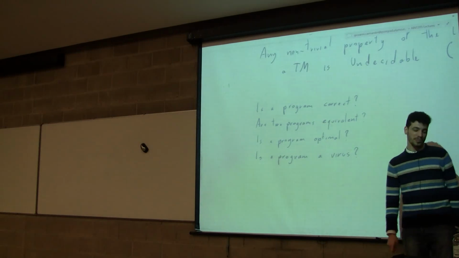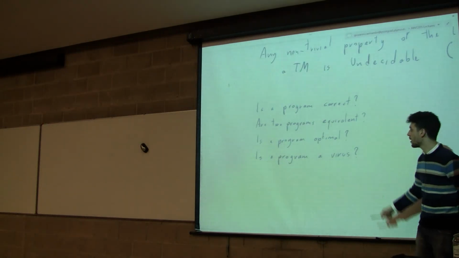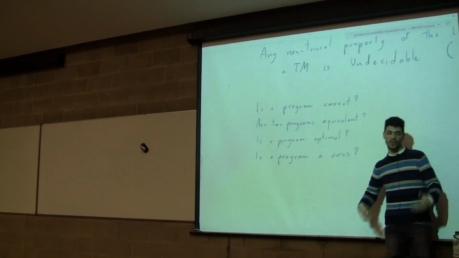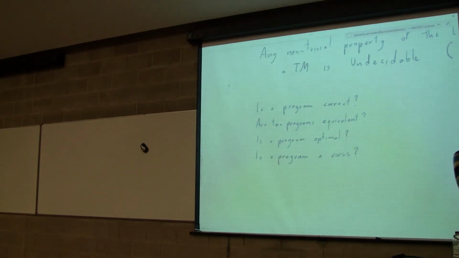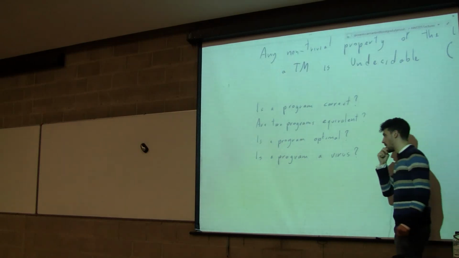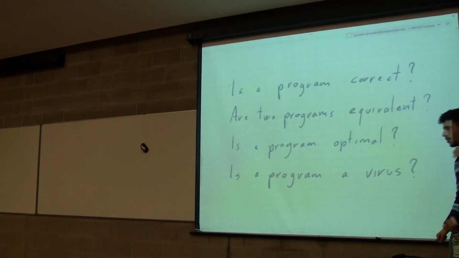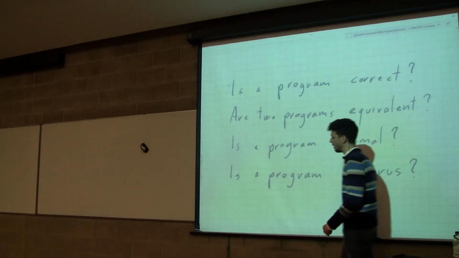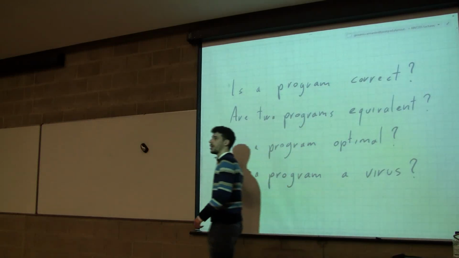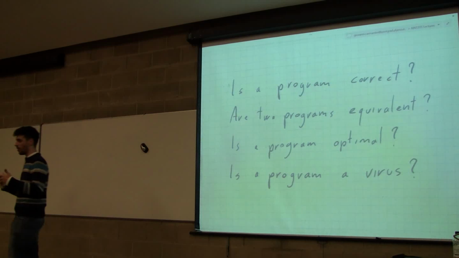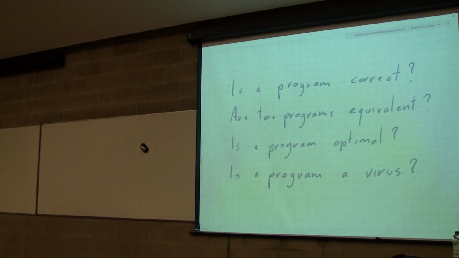And now you know that if you ever find yourself thinking about questions of such a huge scope, I mean, if you had an answer to these questions, you would really rock the computer science world, right? Anytime you think about questions of this form, now you can start and think, okay, can I build a general algorithm to do this?